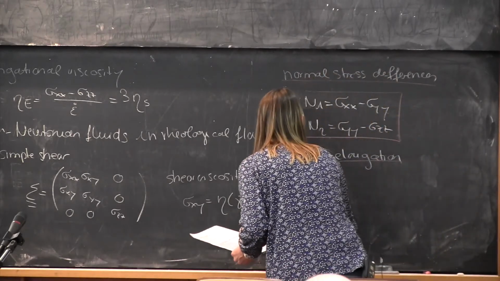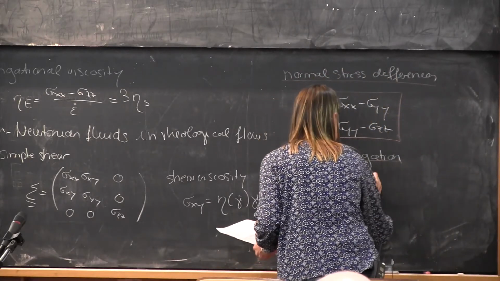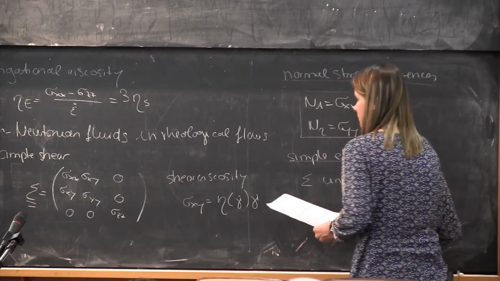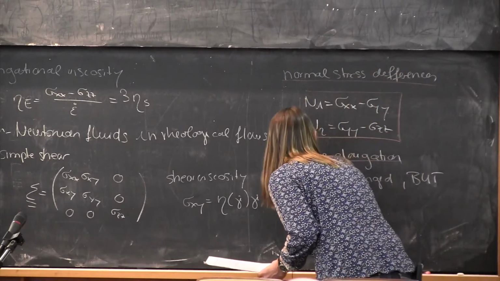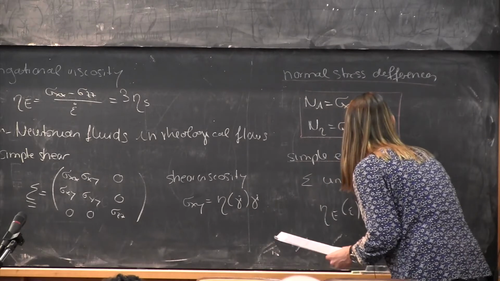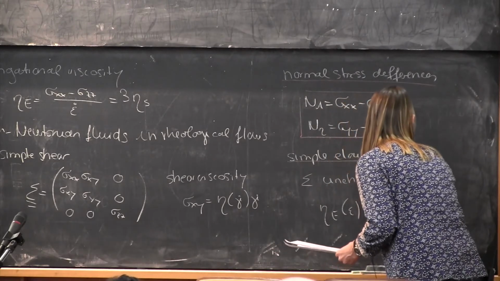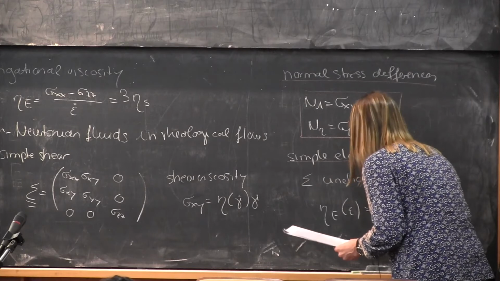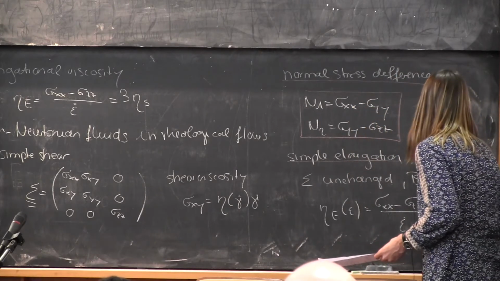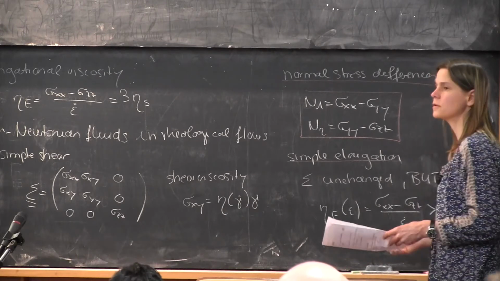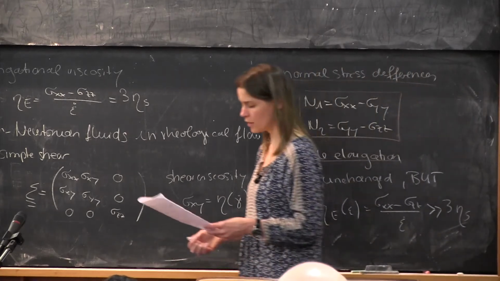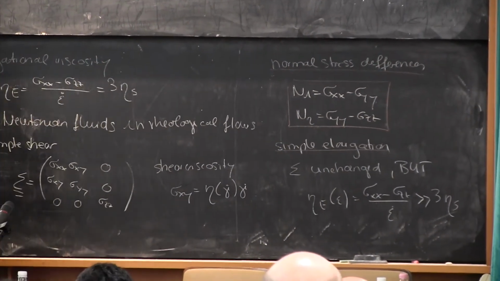So sigma remains unchanged, but now the extension viscosity is still defined as sigma xx minus sigma zz divided by epsilon dot, but it can be much larger than 3 times the shear viscosity. So the relation that we had before, that the extension viscosity and the shear viscosity were only related by a factor 3, does not hold anymore.